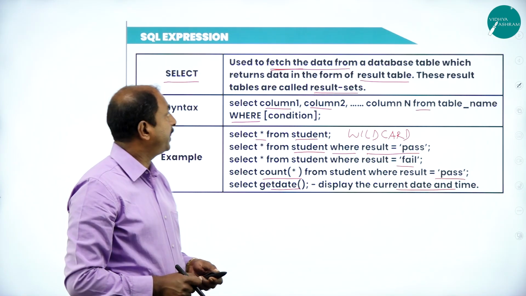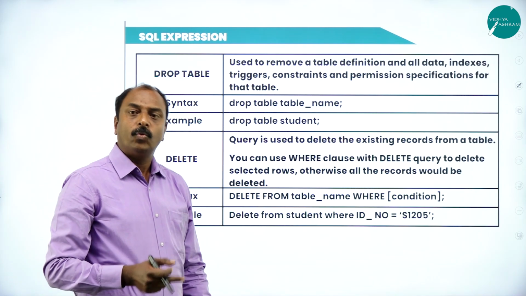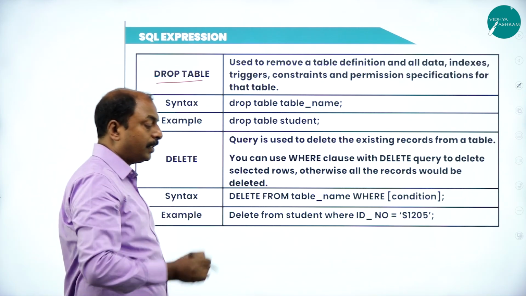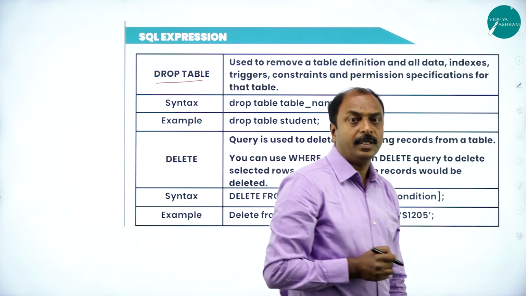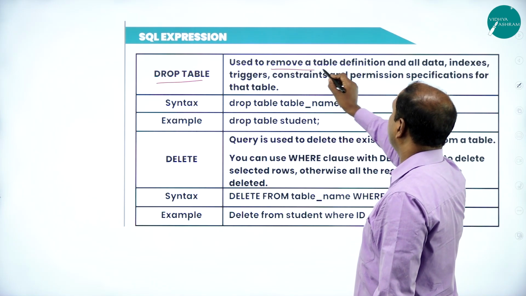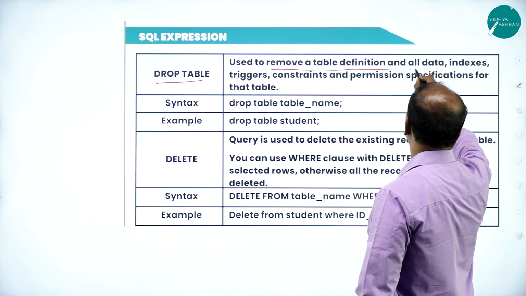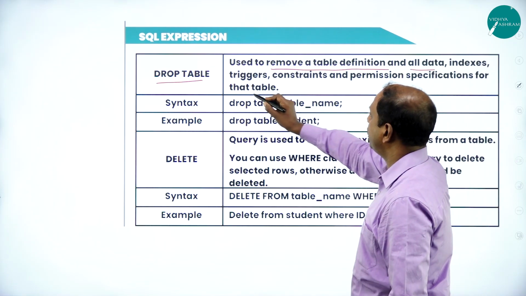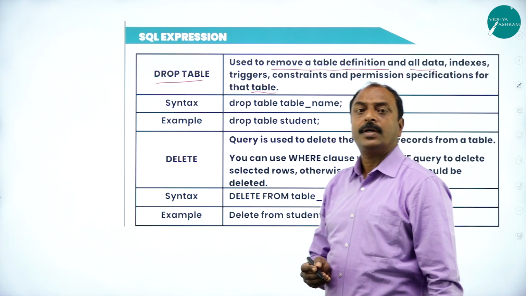Now let us move on to the next slide. Now let us see one more command, that is the DROP command, or DROP TABLE. DROP TABLE is used to remove a table definition and all the data, triggers, and constraints from a specific table. So what is a drop table?